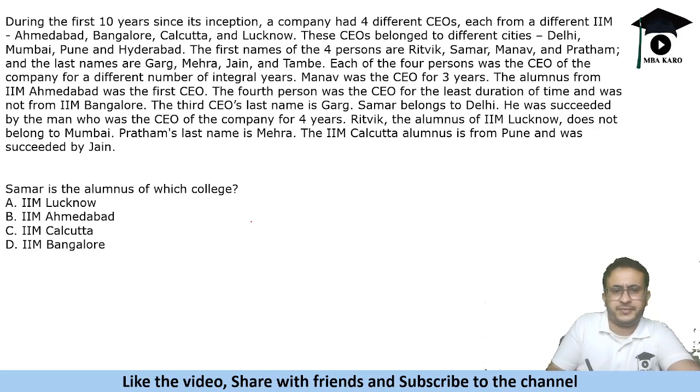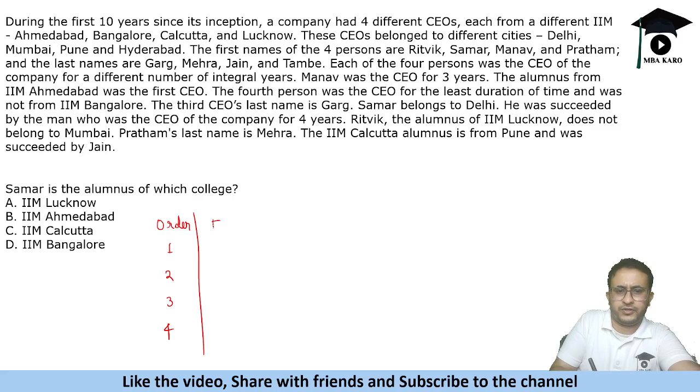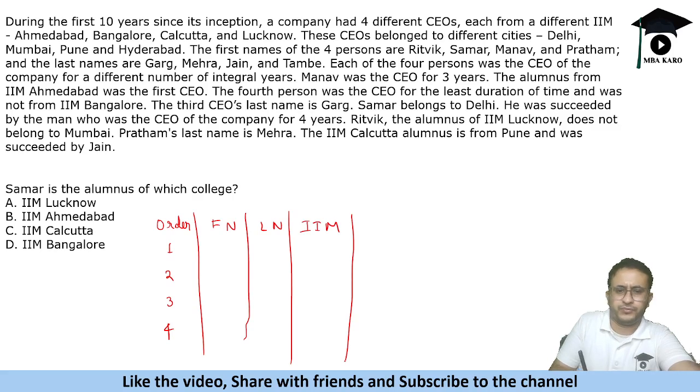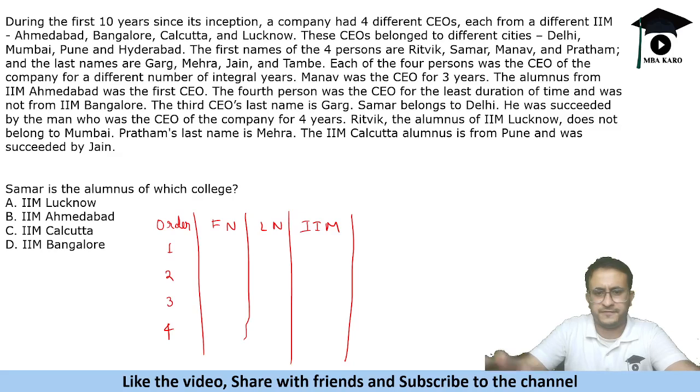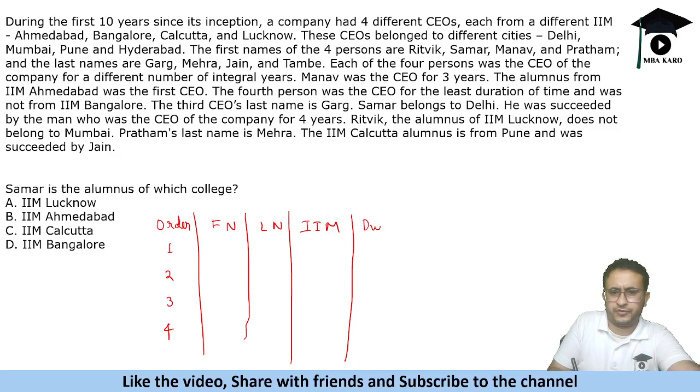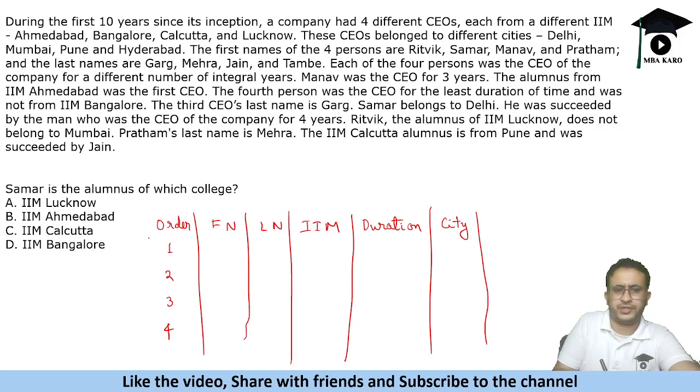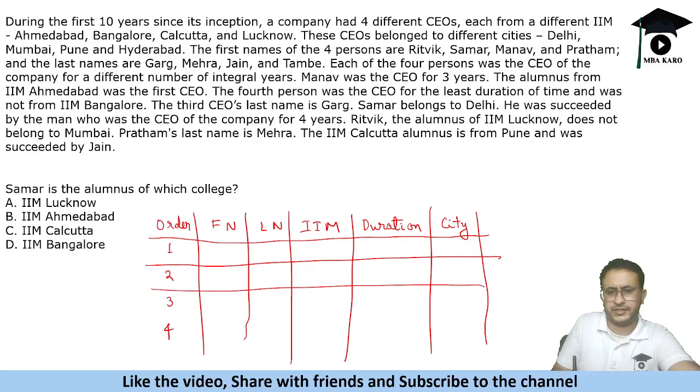So first, let's take the order, like the first, second, third or fourth. Then we can take in any order first name, last name. Then we have IIM, which IIM they belong to. Then we have the duration for which they were the CEO. So they were for different durations, and the city which they belong to. Let's formulate this table and try to fit in the information.